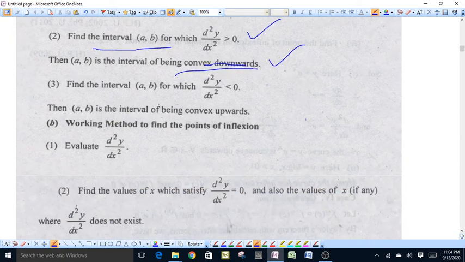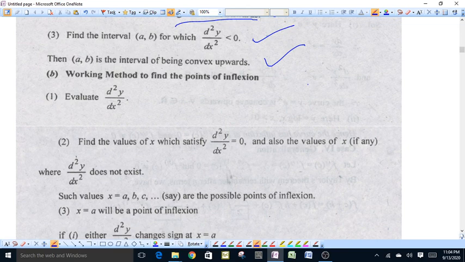The interval in which the second order derivative is negative is the interval of concave downward, that is convex upward.